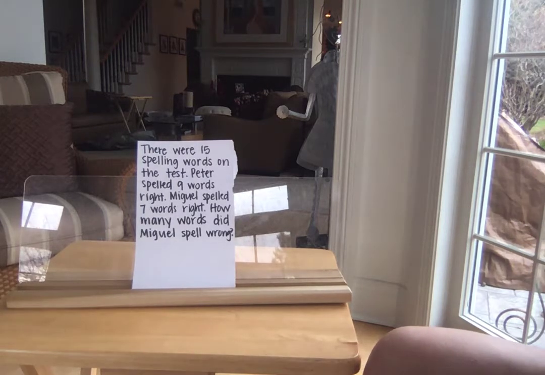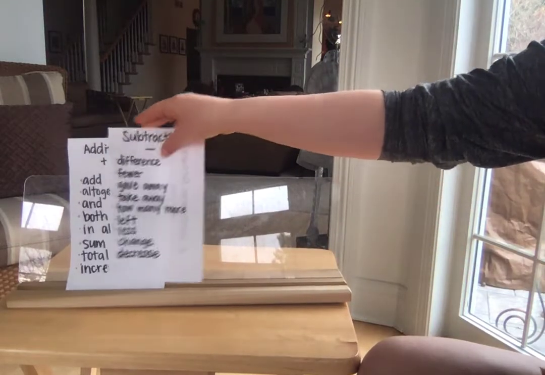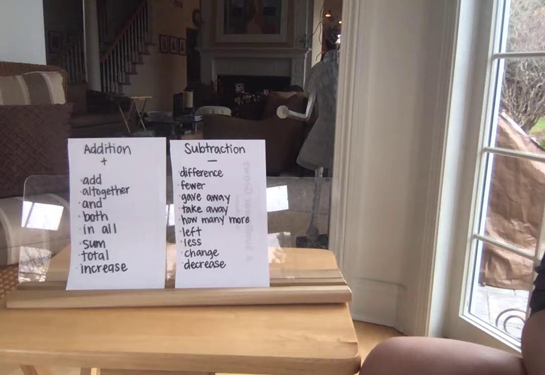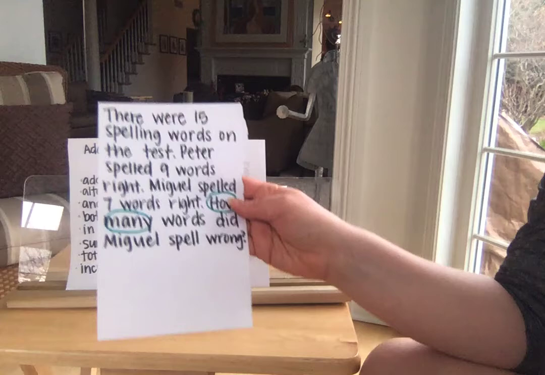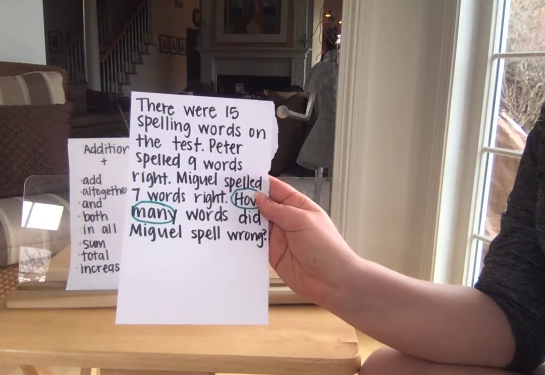So I'm going to put up our keywords so we can figure out if we are doing addition or subtraction. I noticed how many. So I'm circling how many. And that tells me that we need to solve this using subtraction.